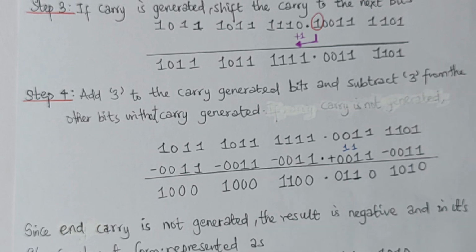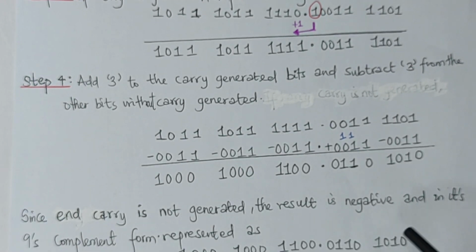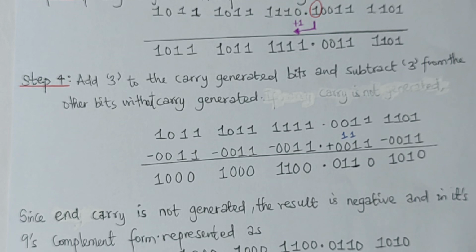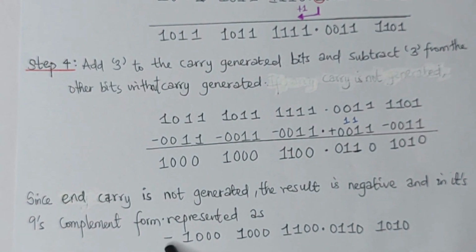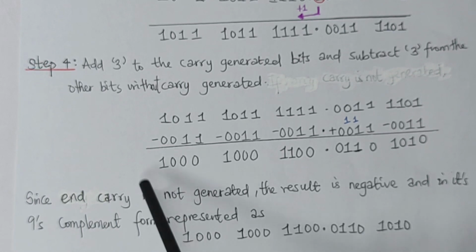It means that end carry is not generated, so the result is said to be negative, and in its 9th complement form, represented as, at this point, a negative sign, okay, because end carry is not generated. Now because the end carry is not generated, this result is negative and in its 9th complement form. Now for us to get the actual result, we are going to take the 9th complement again.